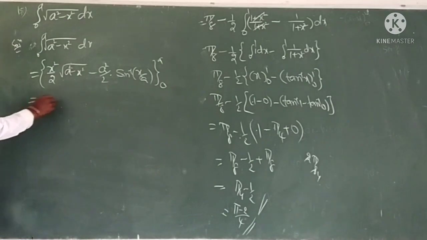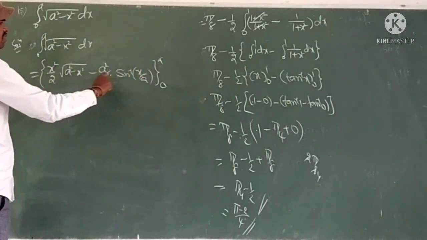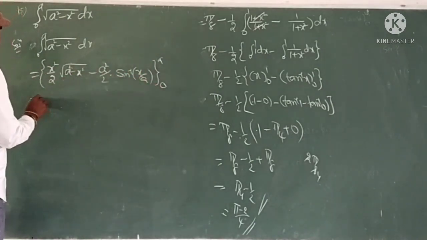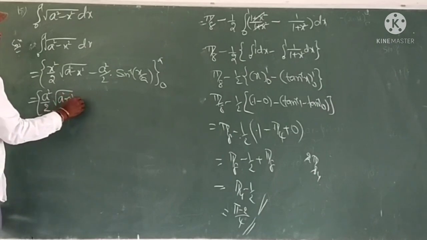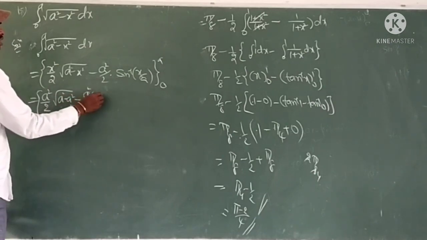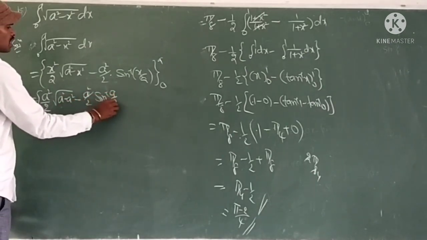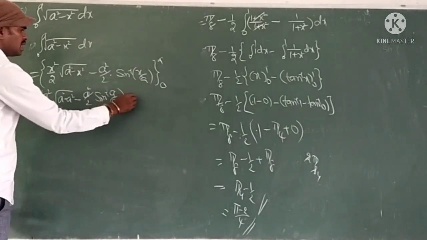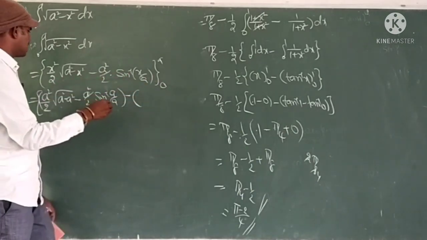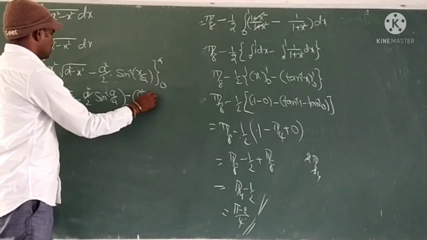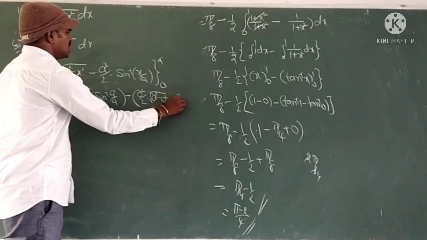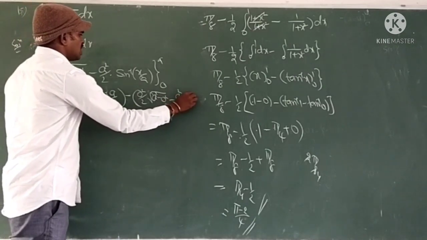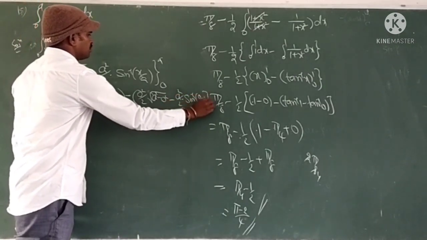That's it. First substitute a in each and every term, after that substitute 0. Substituting a in place of x: a square by 2 root of a square minus a square, minus a square by 2 sine inverse a by a. Minus, then substituting 0 in place of x: 0 square by 2 root of a square minus 0 square, minus a square by 2 sine inverse 0 by a.